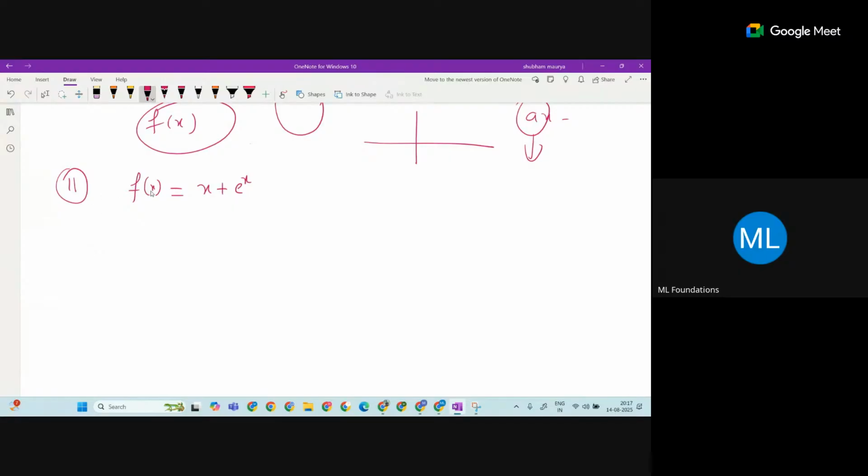So the first condition is related to adding two convex functions. If you have two functions f(x) and g(x), and you add them, will the result be convex or not? The addition would be well defined.